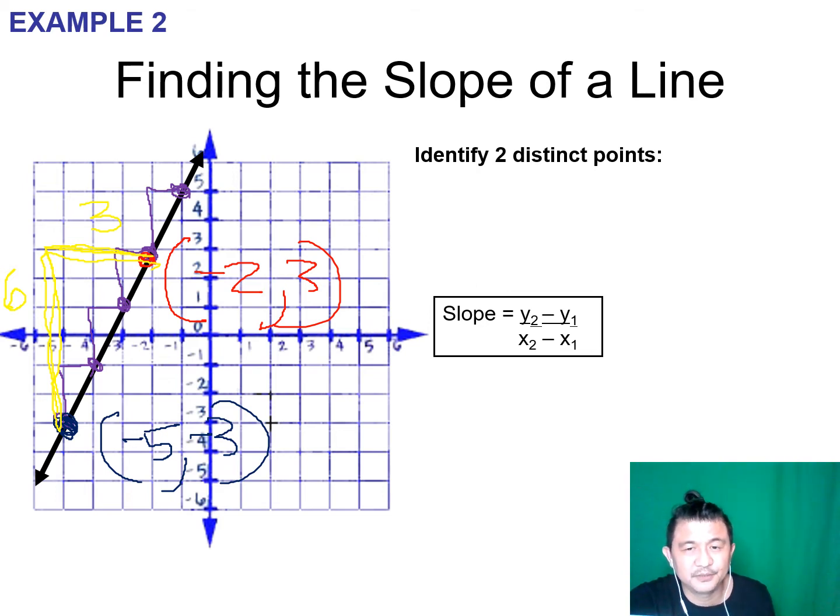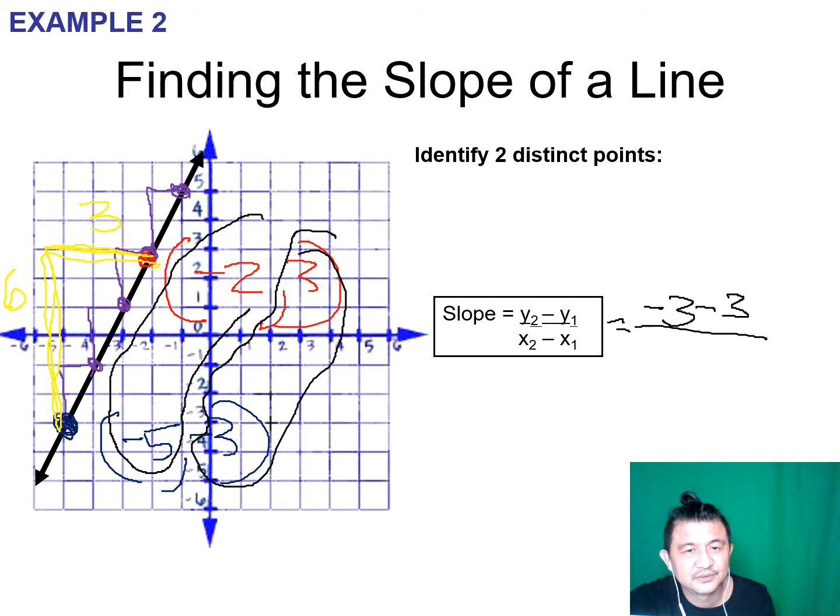Let's use the formula. Okay, start with the y's here. So let's start with negative 3 minus 3. At the bottom, look at this. Okay, negative 5 minus negative 2. All right. The top will be negative 3 minus 3.